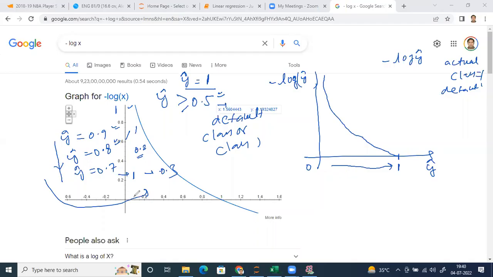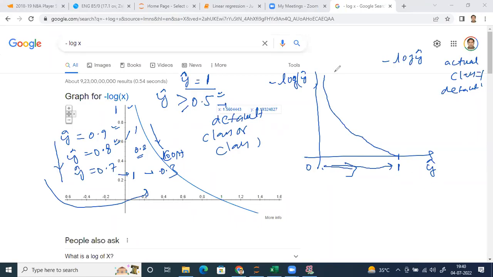Yes, sir. So when the chances of belonging to the other class are increasing, what is happening? My loss, or my cost function, is increasing. That's what I've shown here. See, on this graph, the more I move towards 1 for y hat, my probability is increasing, and my chances of belonging to class 1 are also increasing.